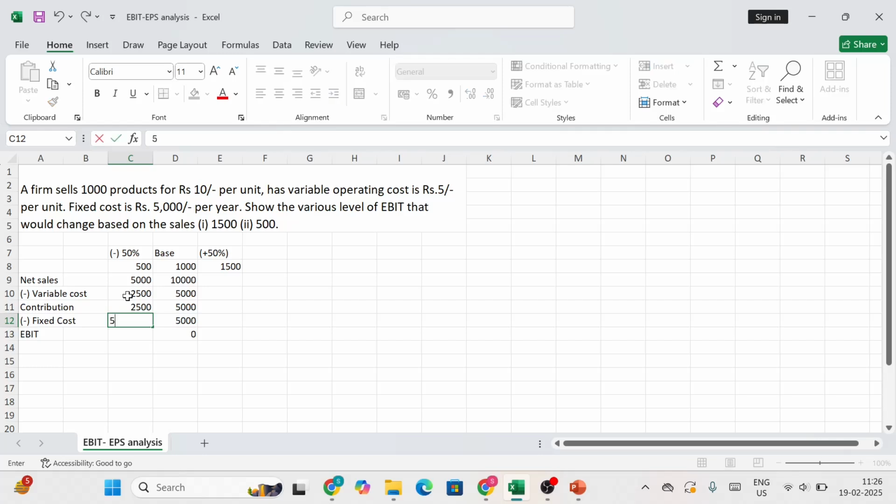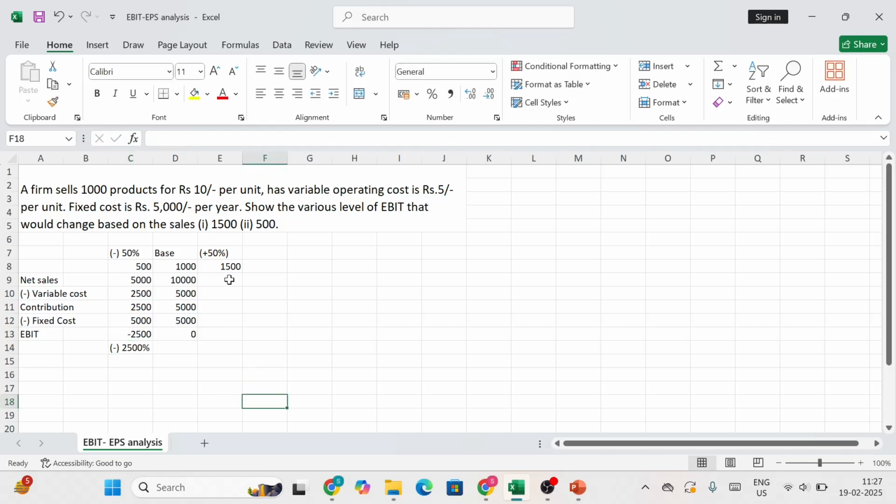Now your fixed cost is 5000, so 2500 minus 5000 is minus 2500. So from 0 to minus 2500, the EBIT has changed by almost minus 2500 percent. We can see the difference.